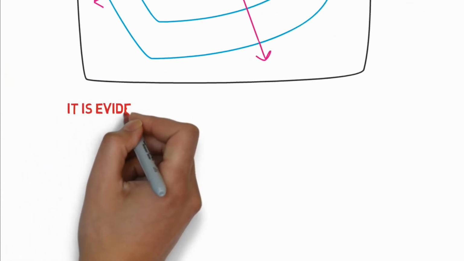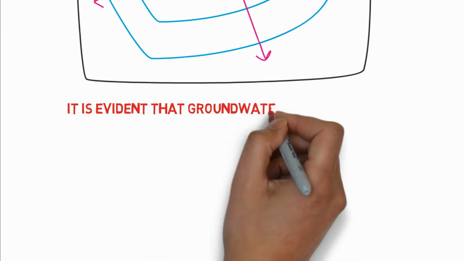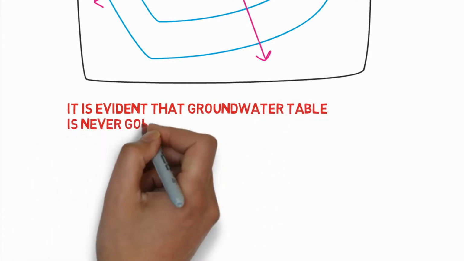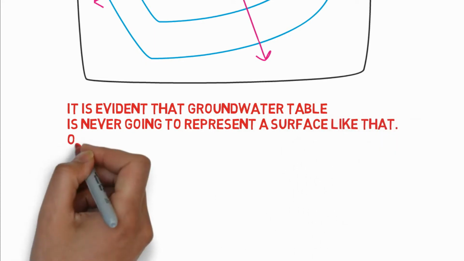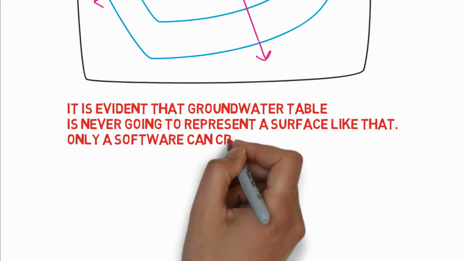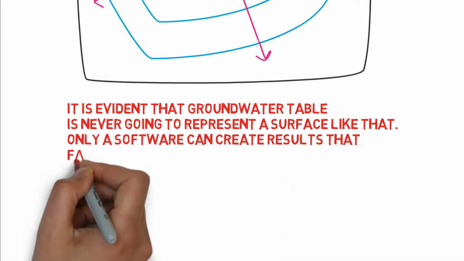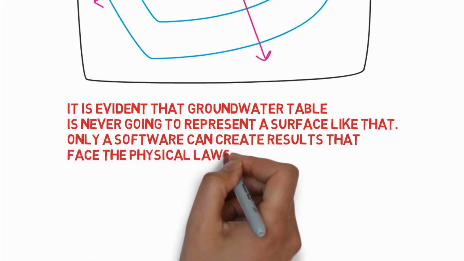It is evident that the groundwater table is never going to represent a surface like that. Only the software can create results that defy the physical laws.